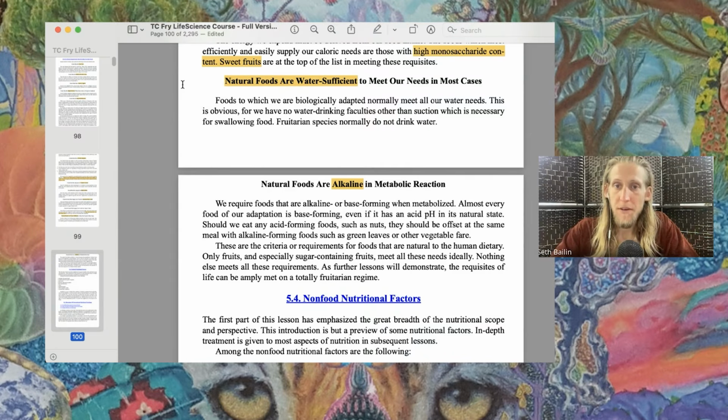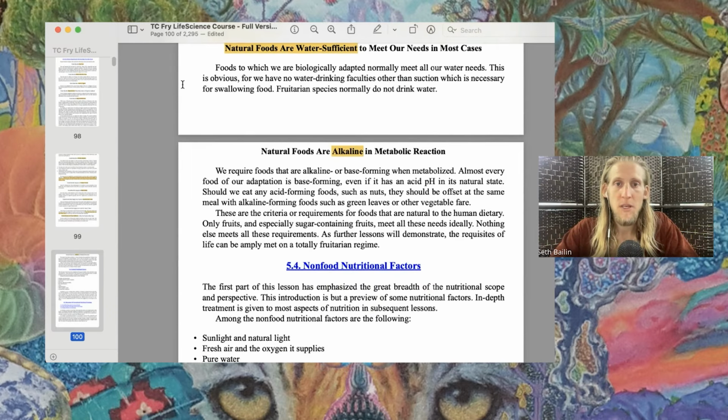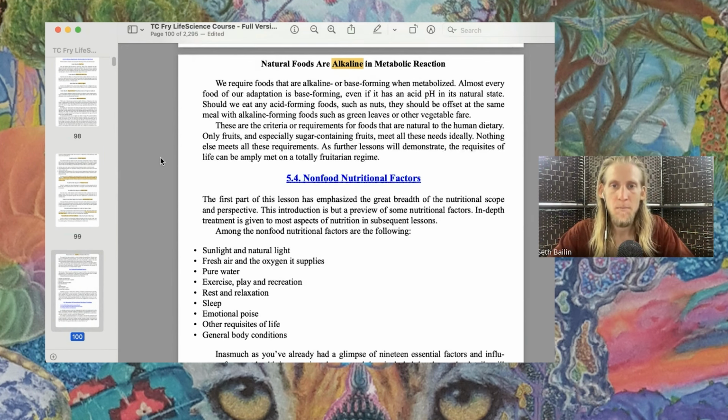Natural foods are water sufficient, so that meets our needs when we eat natural foods for water, and natural foods are alkaline in metabolic reaction. So even the acidic fruits, you might say, tomatoes, citrus, etc., are alkaline in metabolic reaction, meaning once digested, there's an alkaline ash left over from all the potassium, magnesium, calcium, etc.